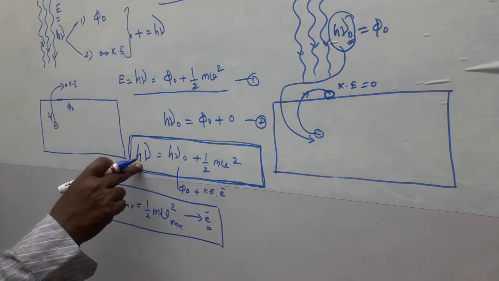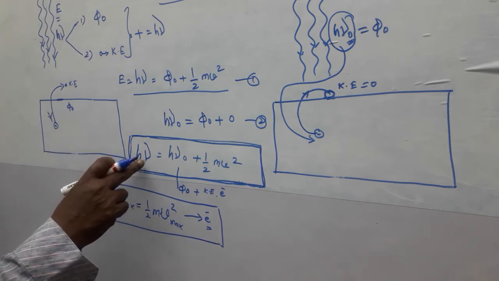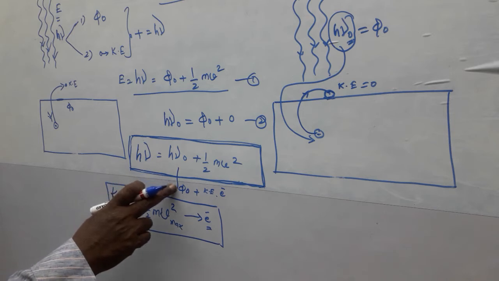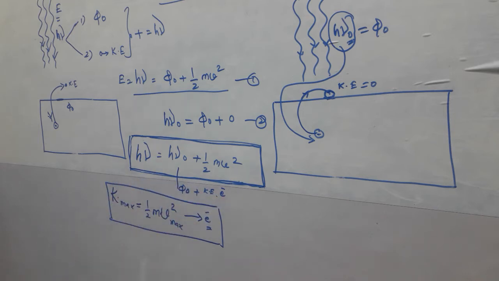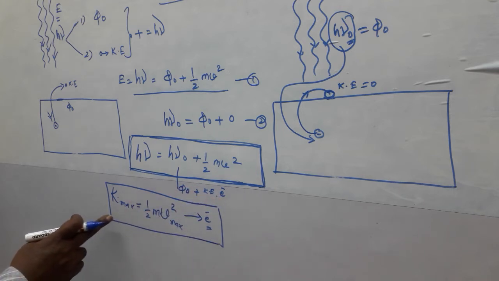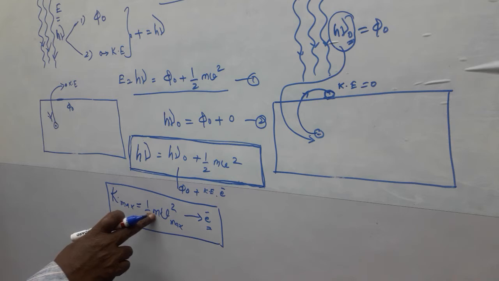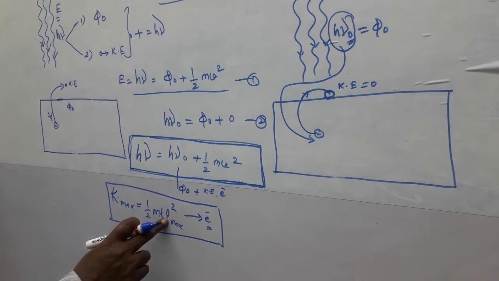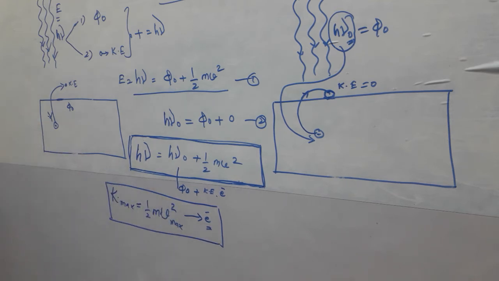One is that the total energy absorbed is equal to the work function plus kinetic energy. The other is that the maximum kinetic energy K maximum is equal to half m v square. This is not nu but v. V means velocity, velocity maximum square.